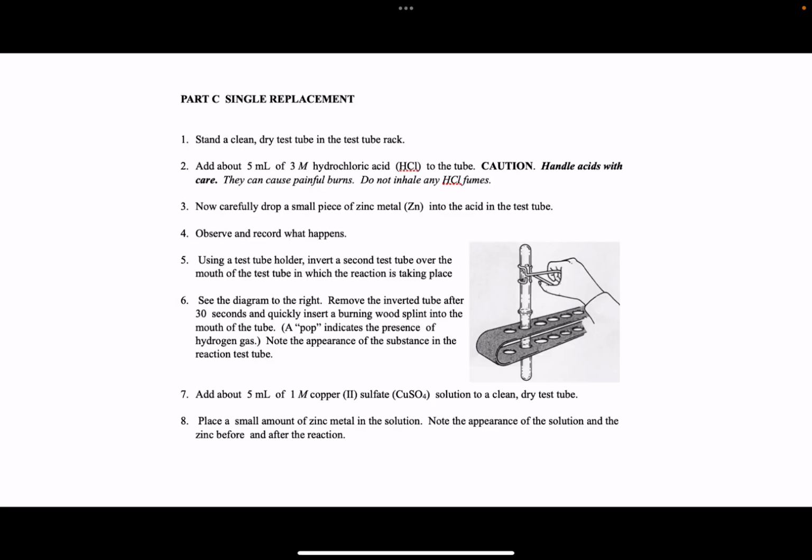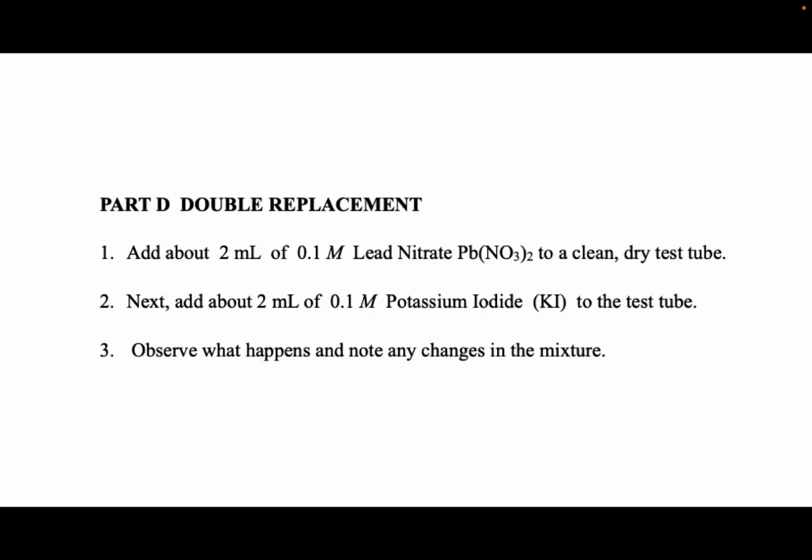And then you have single replacement where we took 3 molar hydrochloric acid and we took zinc metal and we were trying to fill the top test tube with the gas. And then we brought the flaming splint in and we were listening for a pop because a pop tells us we have hydrogen gas.